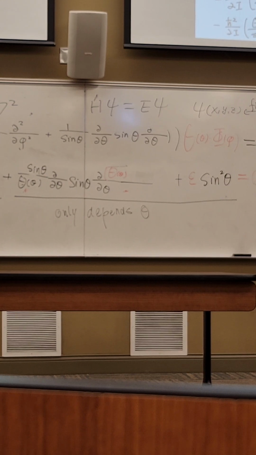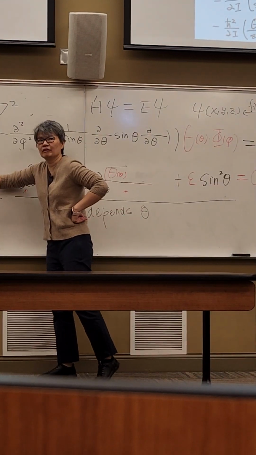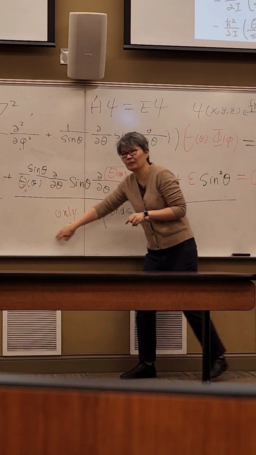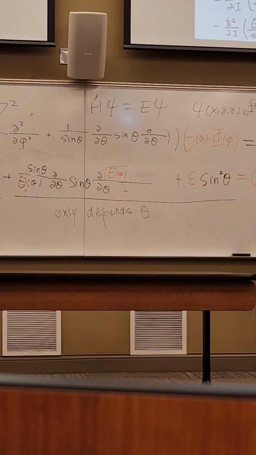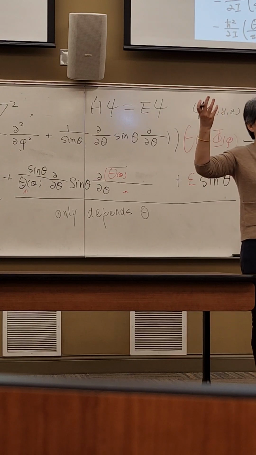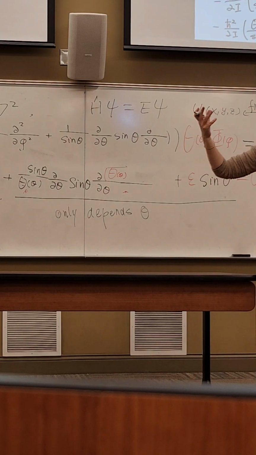So that's successful. Can you imagine, how can you have a term with one variable plus a term with the other variable give you a constant 0? If they're the opposite of each other. So that's the trick of separation of variables, right? You separate into those variables, each an independent term.